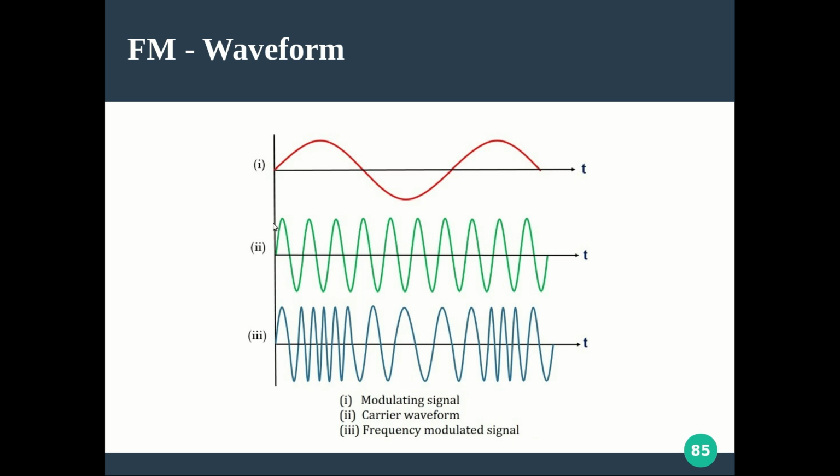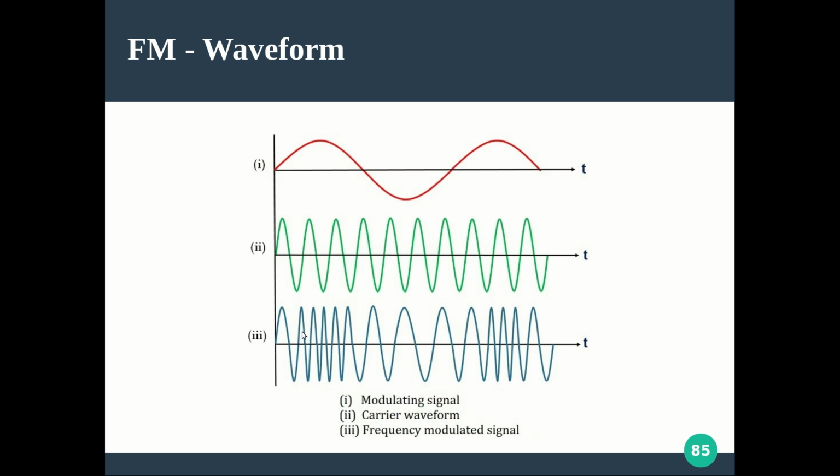And see, here the amplitude is increasing, so to represent that gradual increase of the amplitude and then decrease of the amplitude, we will increase the frequency of the original signal. So that is why the signal is getting closer and closer here, right?